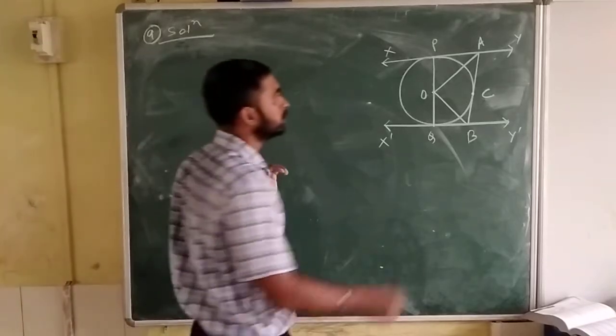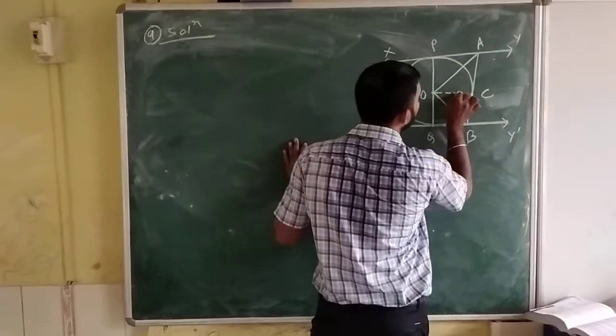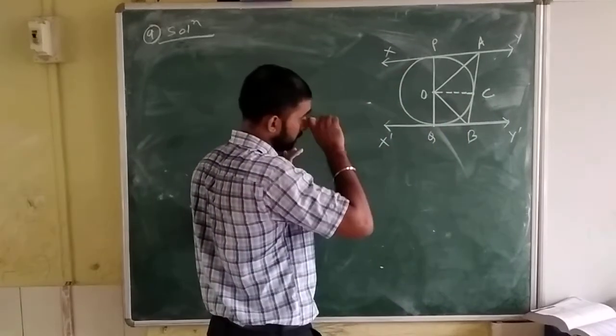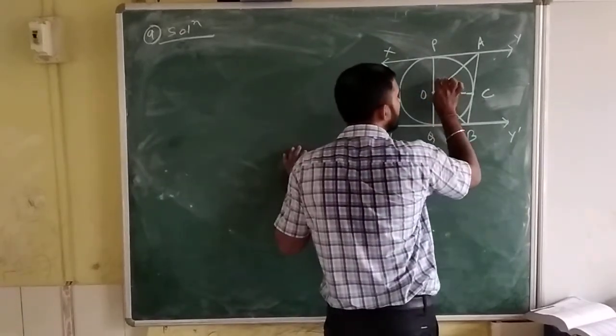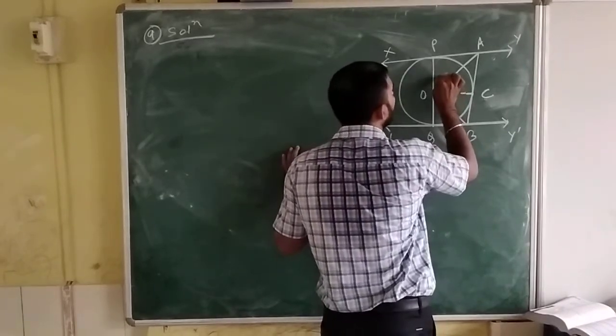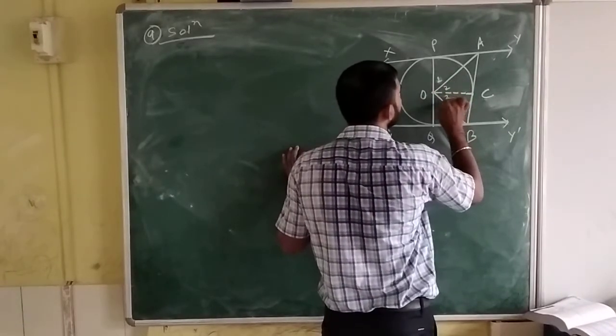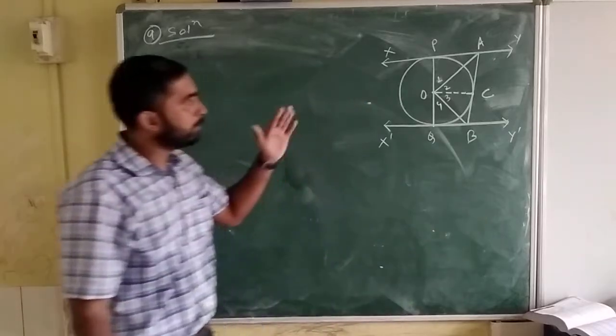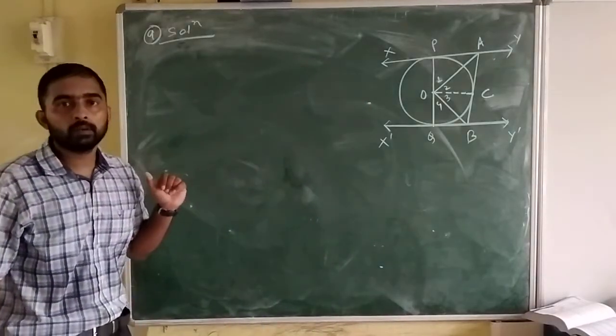What is the construction? Here we join OC. And suppose I mark the angles 1, 2, 3, and 4.